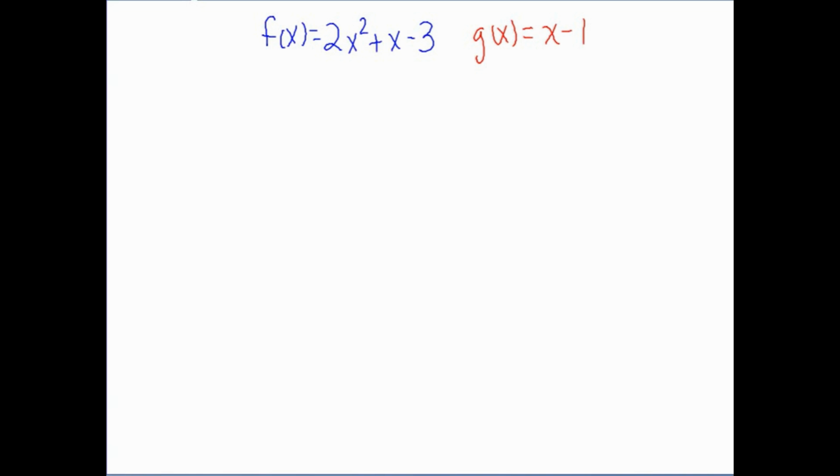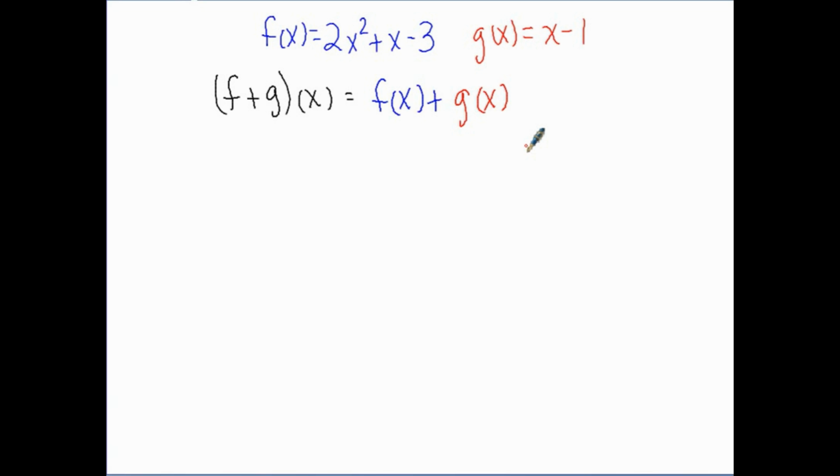So if I have f of x equals 2x squared plus x minus 3 and g of x equals x minus 1, the first thing that I would like to do is add the two together. So f plus g of x. So what I do here is I'm just going to substitute in f of x and then add g of x.